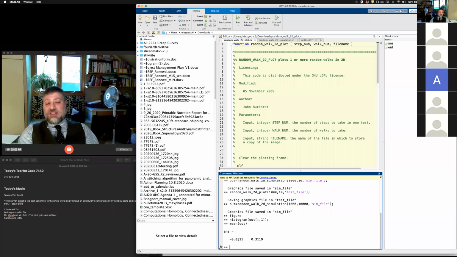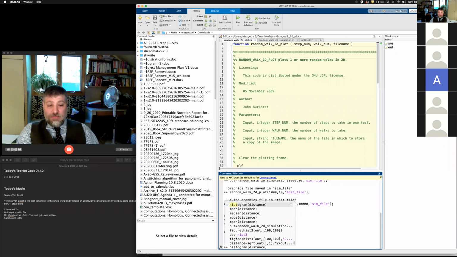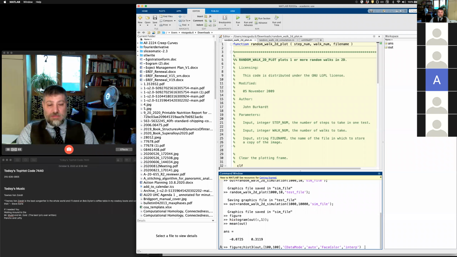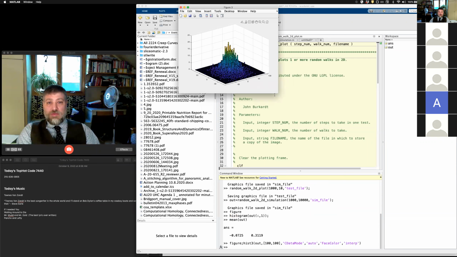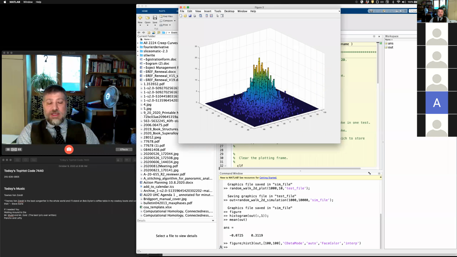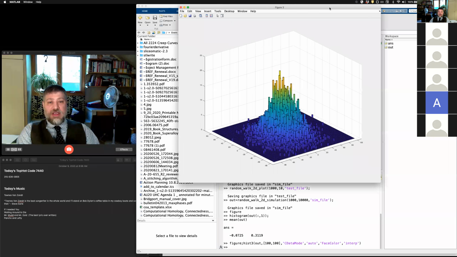The actual distance, because remember, let's take a quick look at this in 2D.